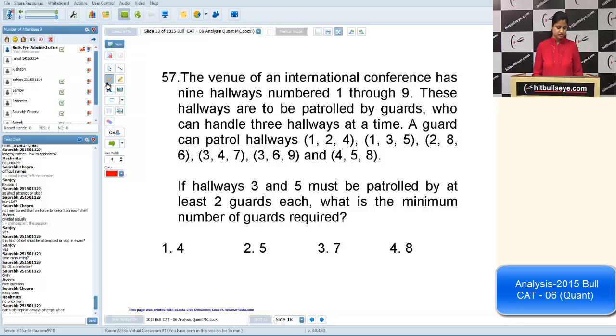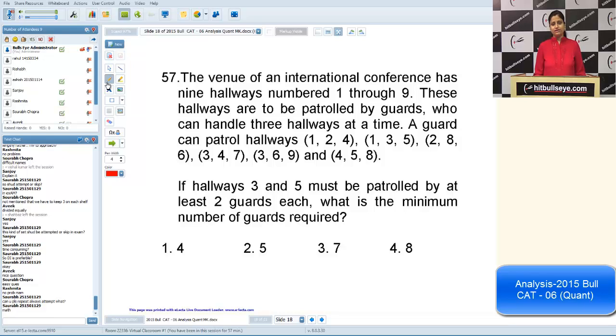Saurabh, see, what is your strength section? Say my strength section is QA, quantitative aptitude. So I'll try to attempt as many questions as possible in the quant section only. Say my second strength section is AR and DI. So I'll try to maximize my score in AR, DI as well. Say I'm not comfortable in verbal.